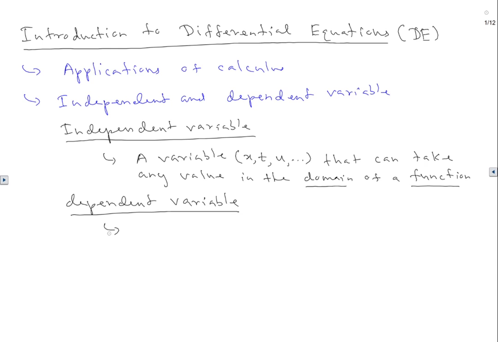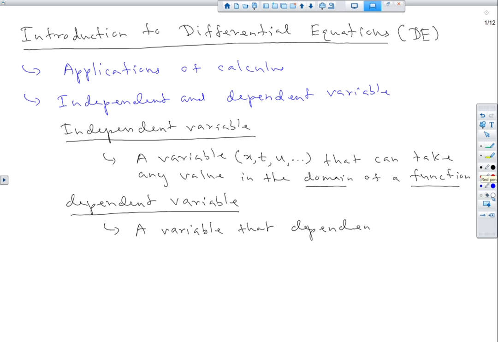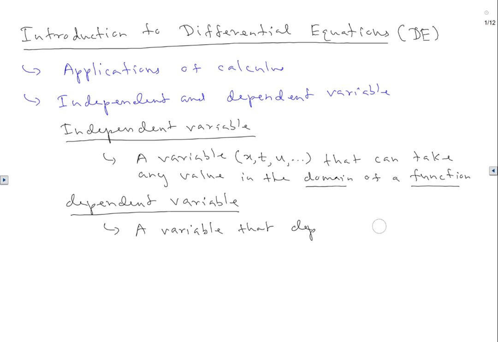So we can say it is a variable that depends on the model equation and the independent variable.